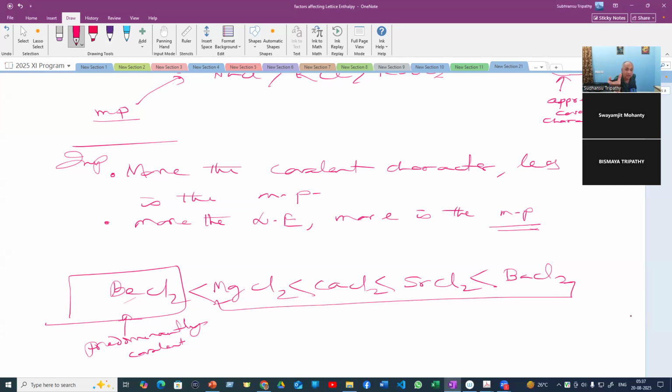Covalent substances are soluble in organic solvents like chloroform, like carbon tetrachloride, like acetone. These are organic solvents having lower dielectric constant. Water is having high dielectric constant.